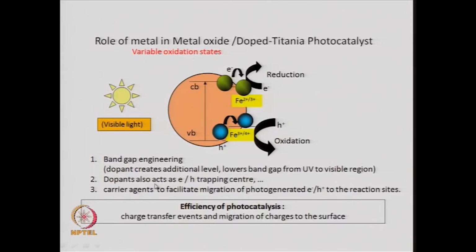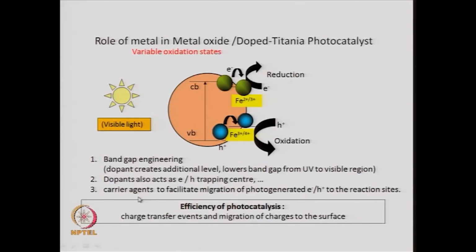Now, the dopant also acts as an electron hole trapping center, because here you can see this acts as an electron trap, because it is removing electrons from here. If you choose some other material, it can act as a hole trap, right. So, you can have dopants which not only lower the band gap from UV to visible, but also act as electron hole trapping centers.